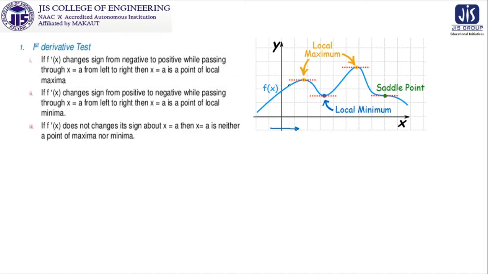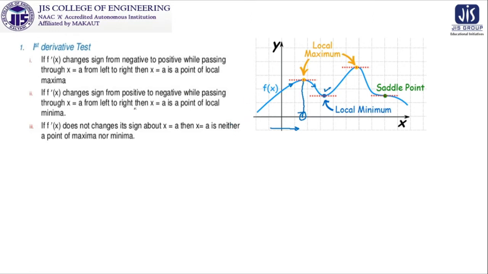If you see this change from left to right, f'(x) is changing its sign from negative to positive, and you will get a local maxima over here. Similarly, if f'(x) changes sign from positive to negative, in the same direction, then we will get a local minima like this.